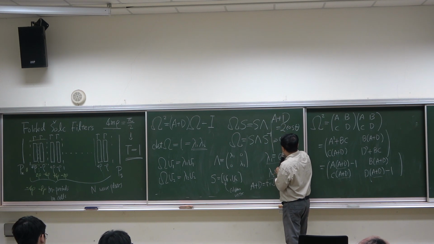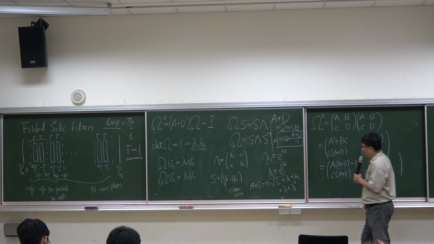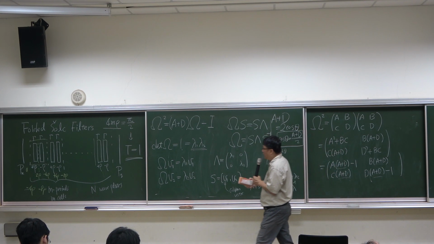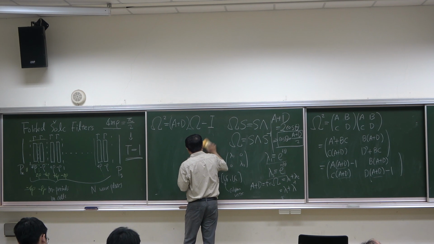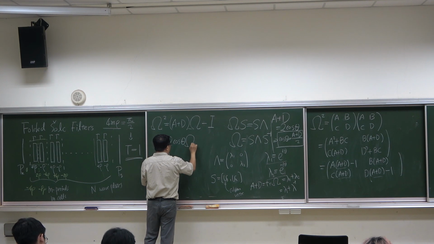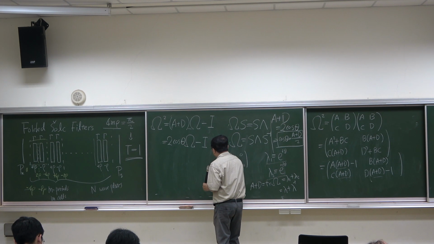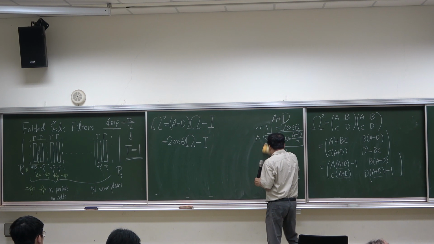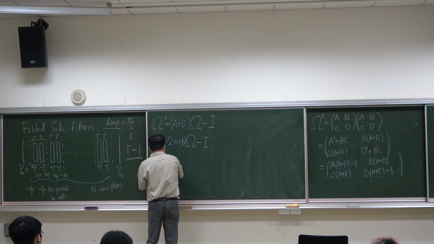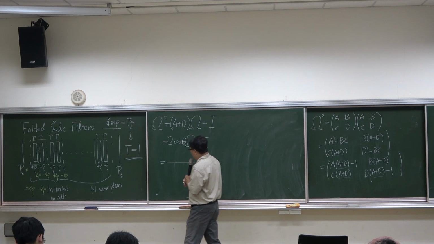So this means that we can define cosine theta as the mean value of A and D. Okay, so we use this result to get 2 cosine theta times omega minus I. And we can multiply the result by sine theta and divide by sine theta.